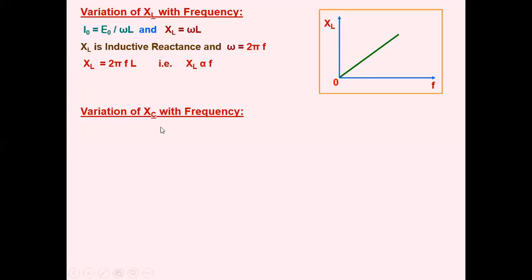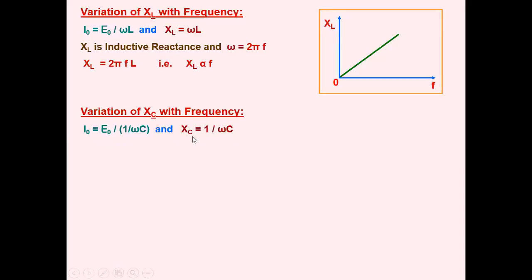Now, variation of capacitive reactance with frequency. It is just opposite of that of the inductive reactance. You see here, I naught equal to E naught upon 1 upon omega c, that is XC equal to 1 upon omega c. So here we see that capacitive reactance is inversely proportional to angular frequency.